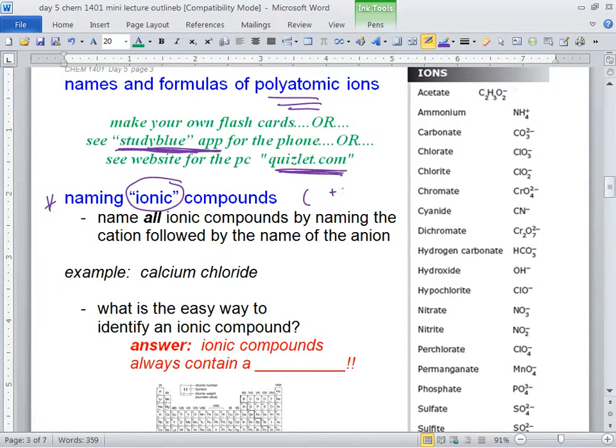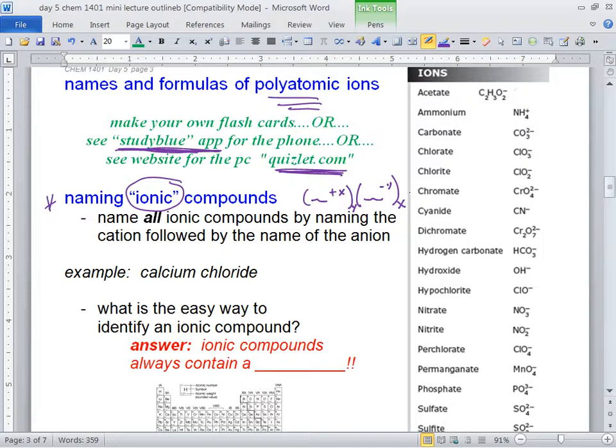Let's say this is a positive, I don't know, let's call it X, and our other guy is a negative Y. And like if you touch any compound, you don't get a shock. So that means they have to be electrically neutral. So you have to have just as much plus as you do negative, right? They have to cancel out. So you can do the math or just move these subscripts down. Move the Y down there and the X down there.